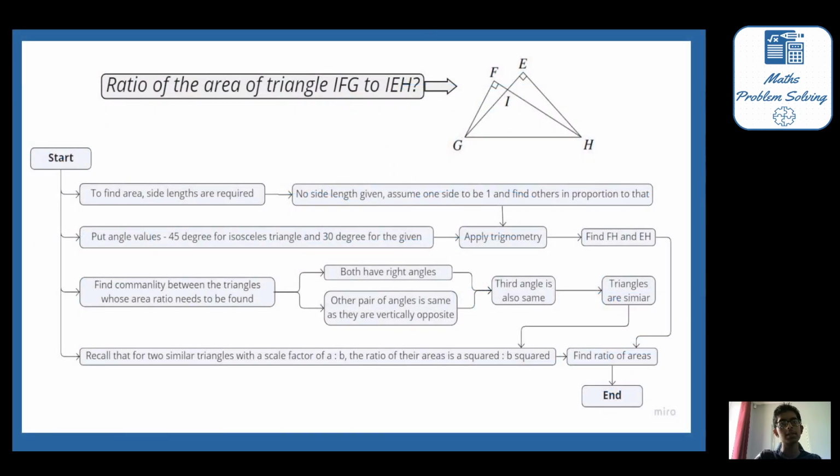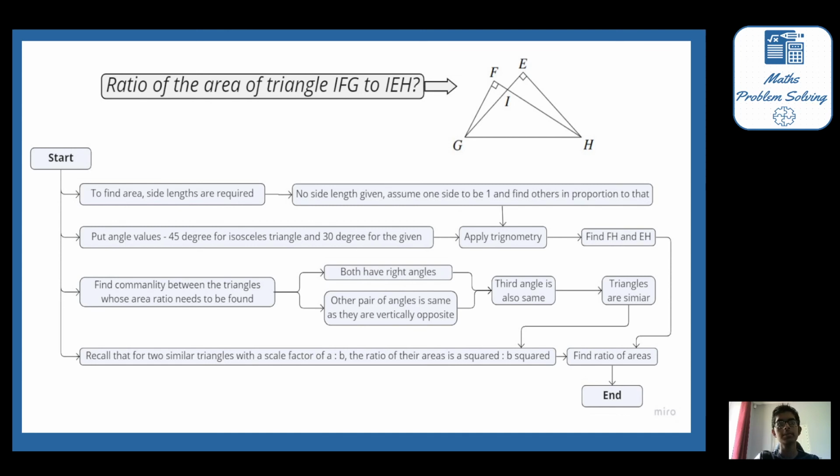So let's go back to our flowchart real quick. So here's our flowchart, and let's map out how exactly we cracked this problem, which isn't a very easy problem at first sight. We basically found that both of these were similar, and then we identified that if we worked out the ratio of the side lengths, we'd be able to work out the ratio of the areas.